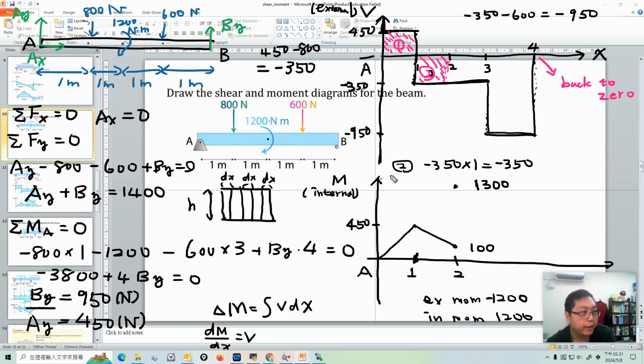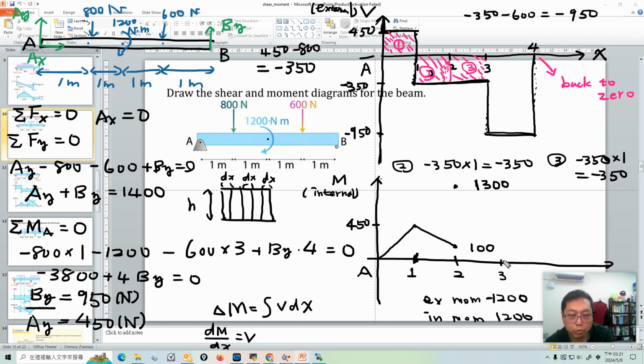Okay, now we move from position 2 to position 3. This is area 3. What's the area for area 3? It's also minus 350.